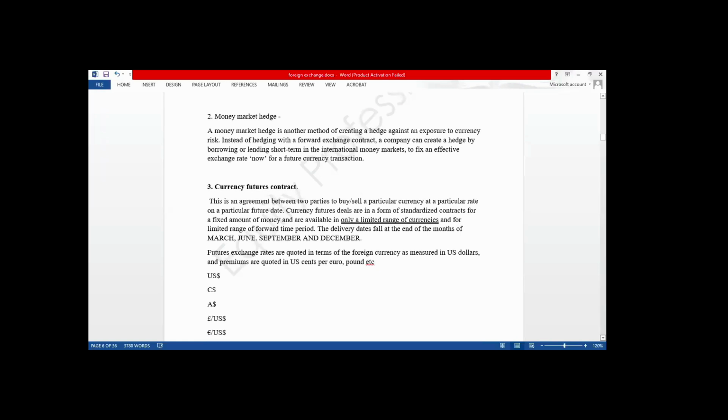We have the explanation here. Normally, that is my approach to hedging. After explaining money market hedging, it is good to put a question to it before we go to the remaining three: currency futures hedging, currency swap.